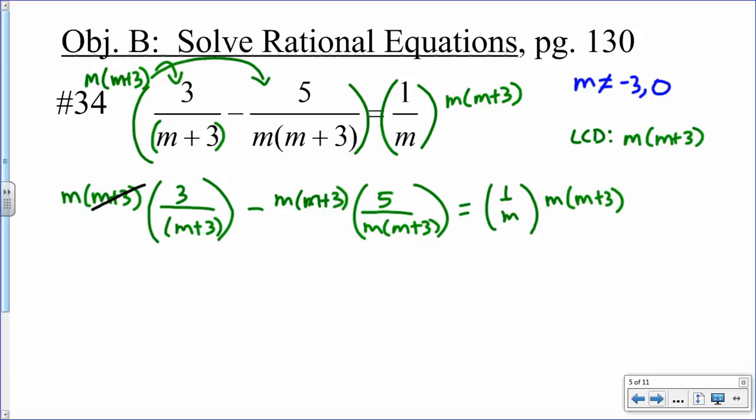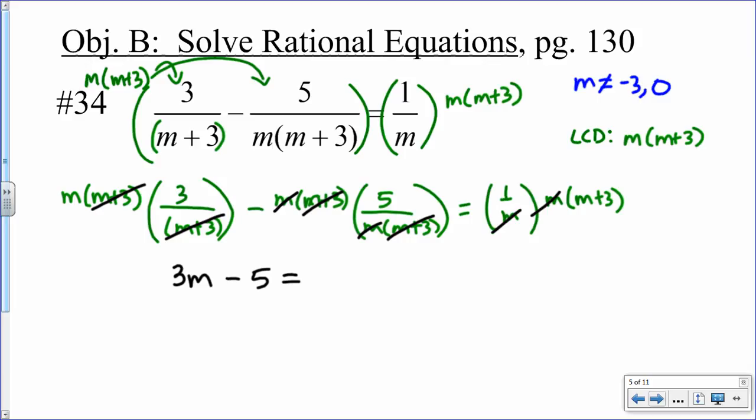So here my m plus 3's cancel, and I'm just left with m times 3, which is 3m. Okay. Then on the next one, the m's cancel and the m plus 3's cancel. So you're just left with what? Yep. Minus 5. Good. Okay, on the right side of your equal sign, the m's cancel.